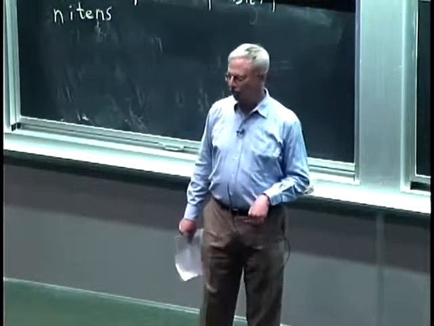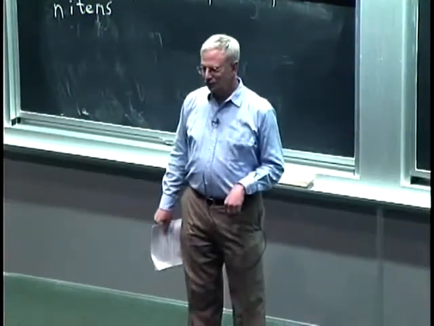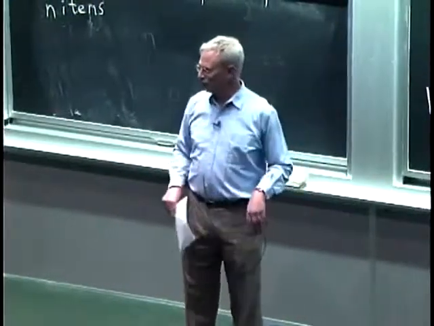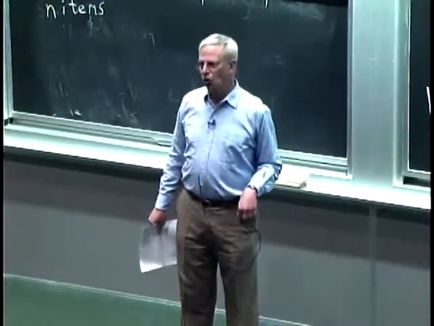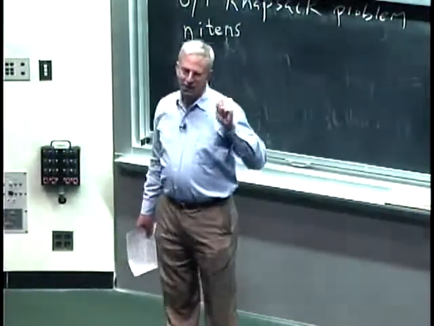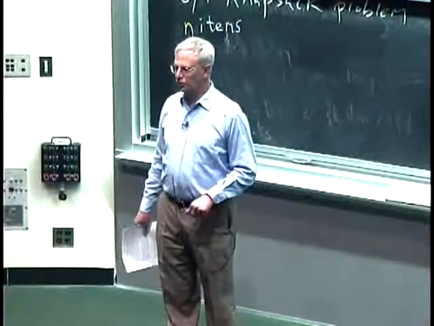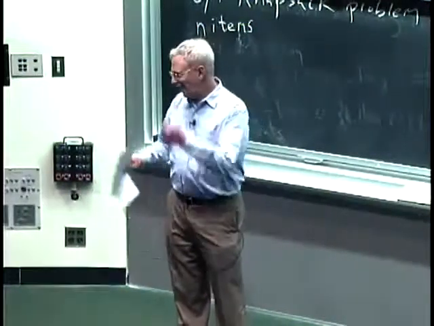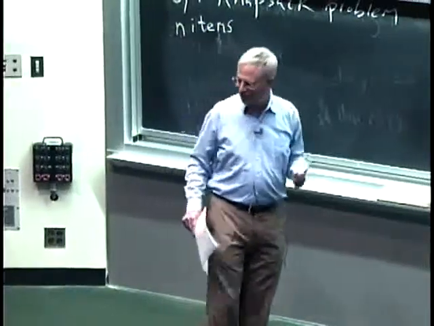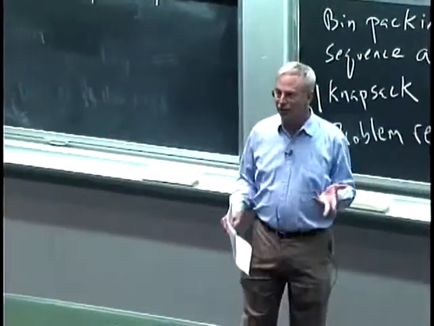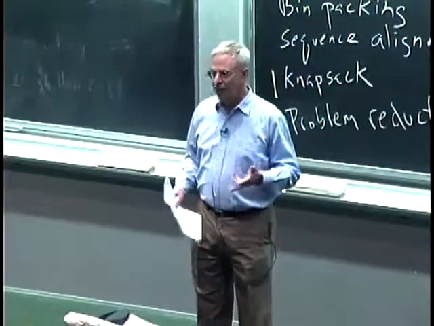I'll compute its value. Then I'll empty the backpack out, put in another combination of stuff, compute its value, try all possible ways of filling up the backpack, and then when I'm done, I'll know which was the best, and that's the one I'll do. So he's packing and unpacking, trying all possible combinations of objects that will obey the constraint, and then choosing the winner.